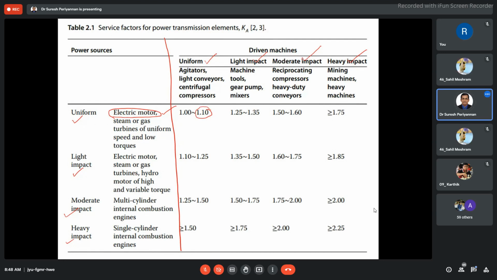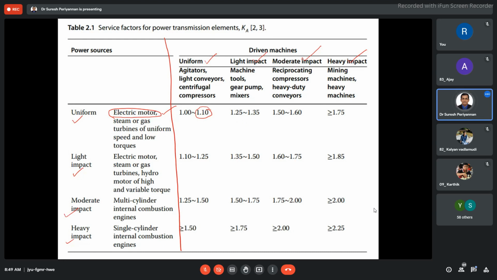Suppose I'm using an electric motor to operate machine tools at a light impact condition. During that time, my power transmission capacity is 10 kilowatt, but I have to multiply it by 1.25, giving 12.5. I have to design my component for 12.5 kilowatt, for safe operation.